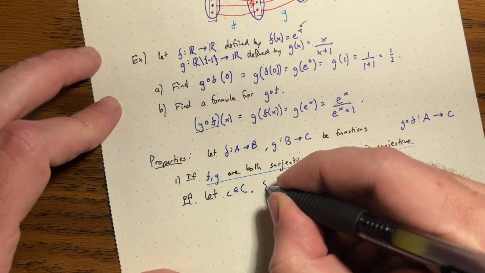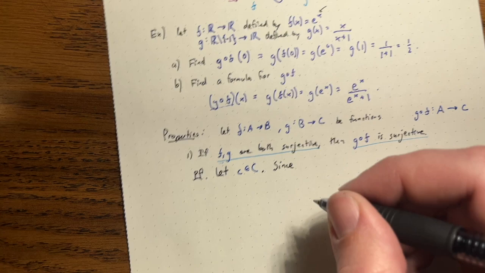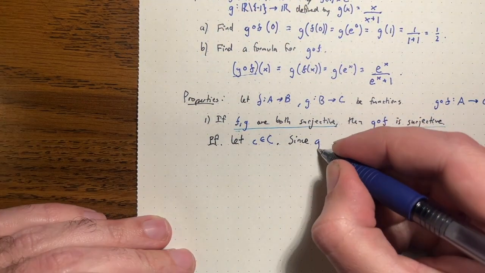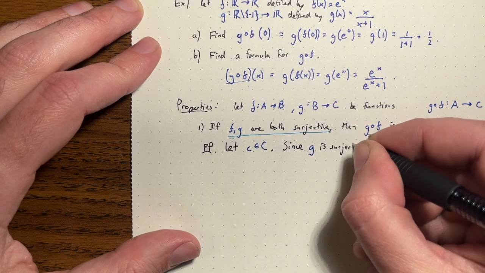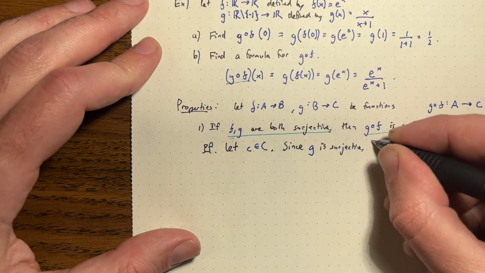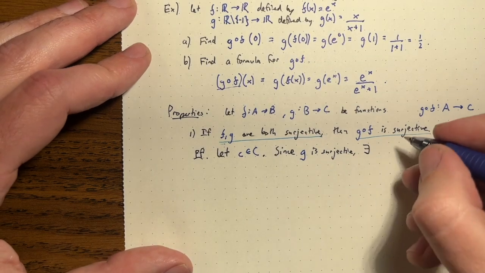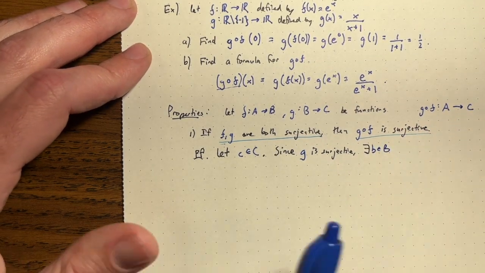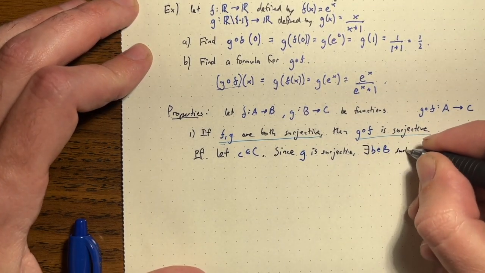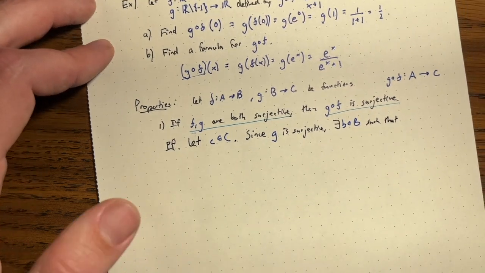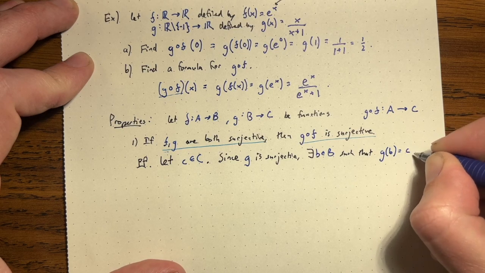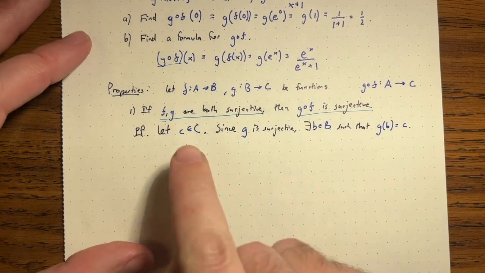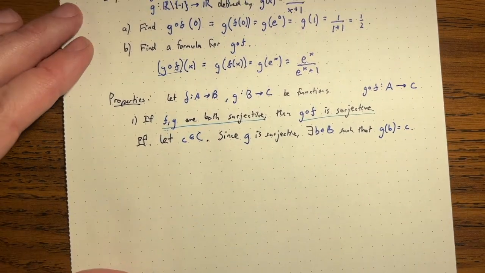Since g is surjective, there exists a b in B such that g of b is c. Okay, so we use the fact that g is surjective.